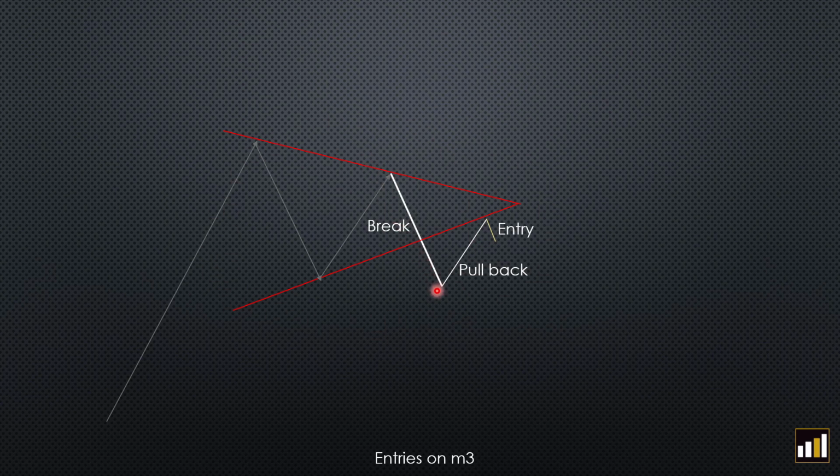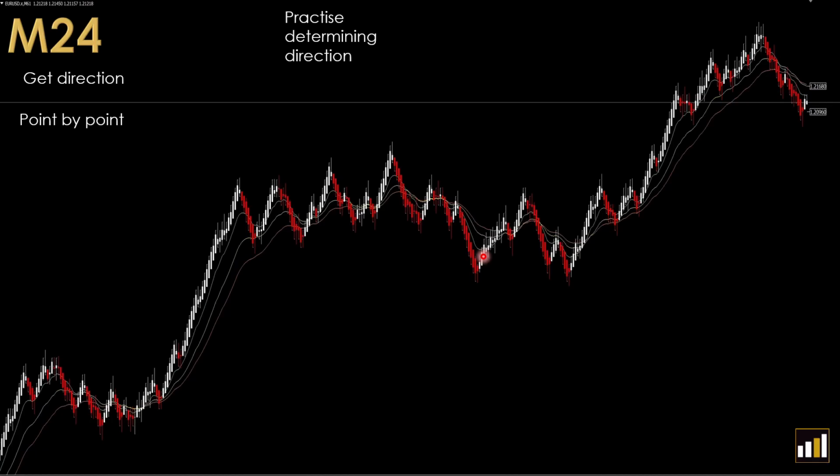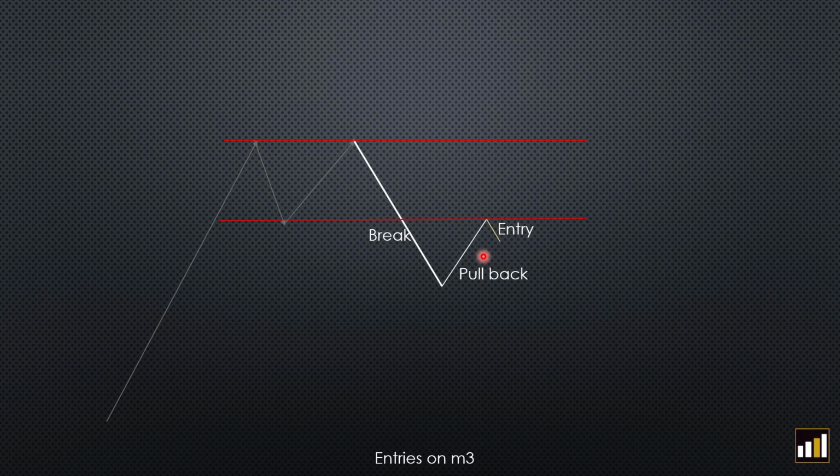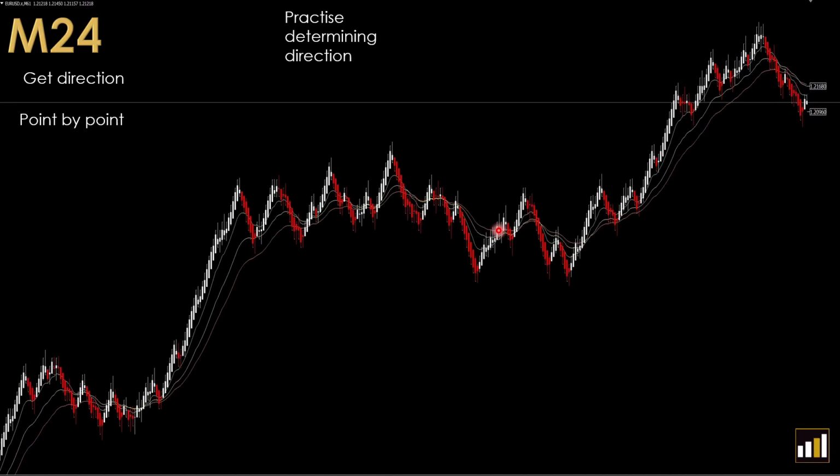As soon as your M6 structure breaks, in this case a triangle, your entry comes after the break and the pullback. And in this case it's a range. The range is breaking on your M6 and your entry is on M3.